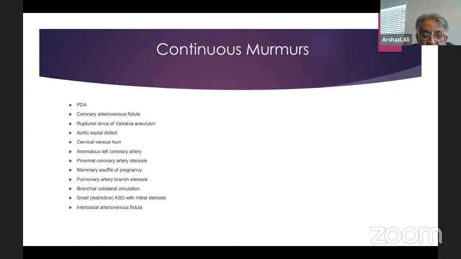Mammary souffle of pregnancy, where there's increased blood flow in that area, you will likely hear that. And then branch stenosis of the pulmonary artery and other congenital abnormalities, ASD with mitral stenosis, or AV fistula in the intercostal vessel will likely give rise to a continuous murmur. These are rare, but known cases.